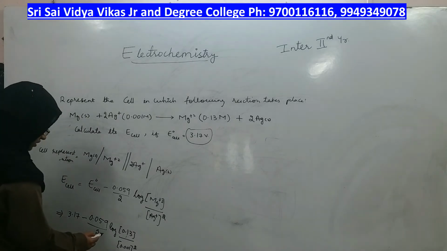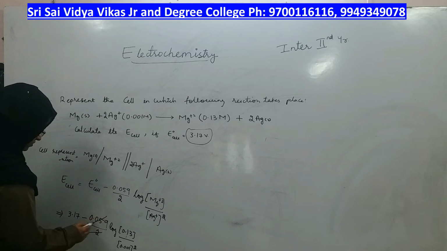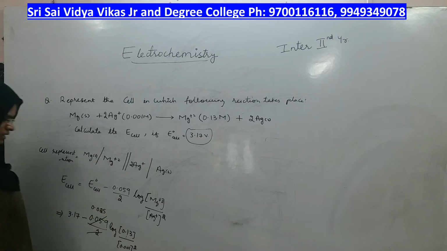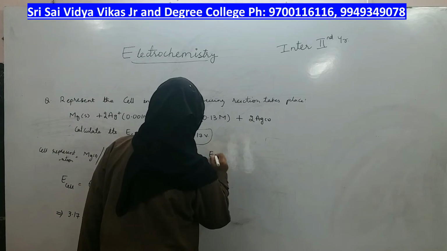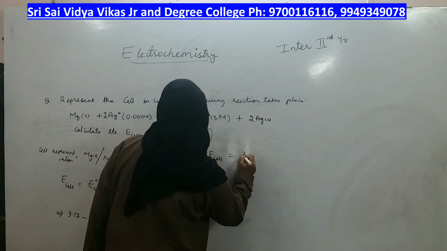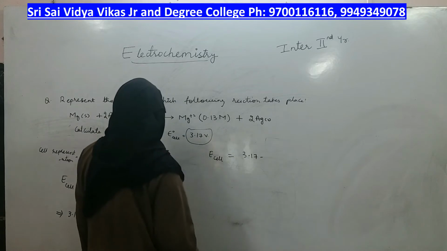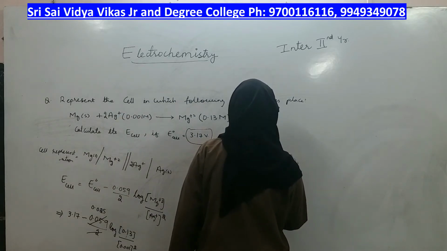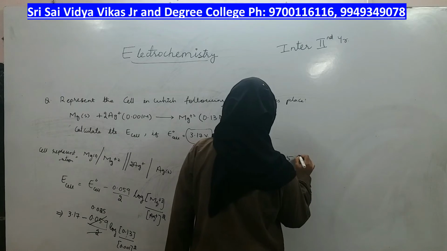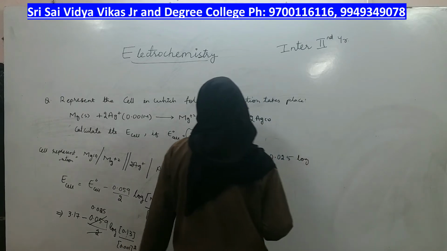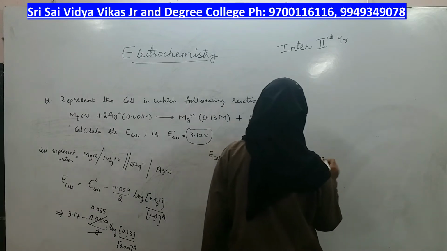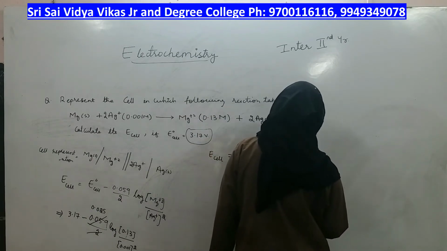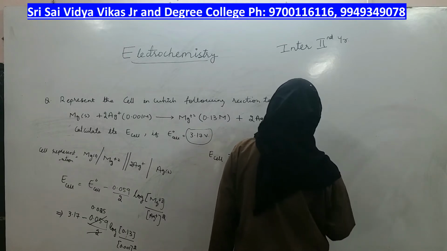Now substituting, 0.059 by 2 is 0.025, and now 0.001 squared becomes... so 3.17 minus 0.025 log 0.13 divided by 0.001, means 0.01, right?